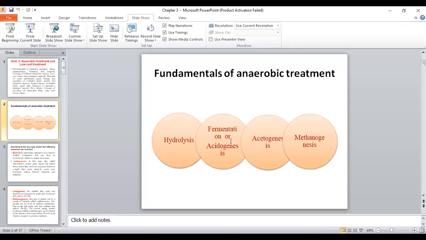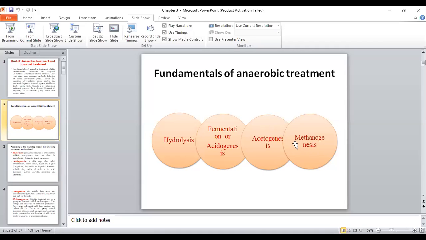In the fermentation process, the hydrolyzed material will be further solubilized, and this solubilized material will be converted into hydrogen and carbon dioxide form in the acetogenesis process. And in the last, methanogenesis process, the methanogenic bacteria, at the normal temperature range or the thermophilic temperature, will decompose it and convert it into biogas.